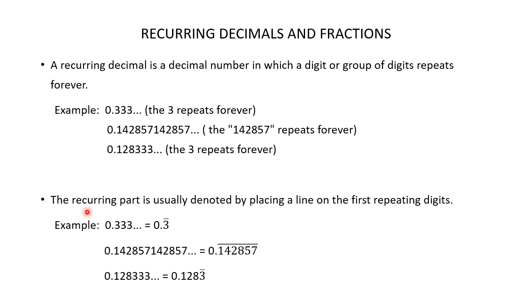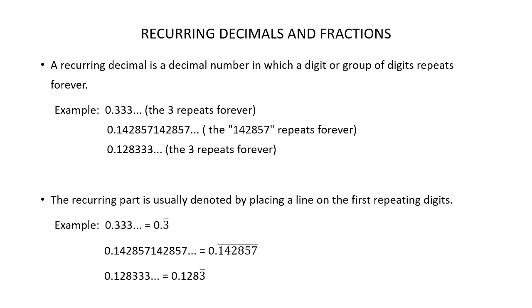Now the recurring part is usually denoted by placing a line on the first repeating digits. So 0.333 and so on is written as 0.3 with a line placed on 3. Here 3 is the repeating digit, so the line is placed on the first repeating digit 3.